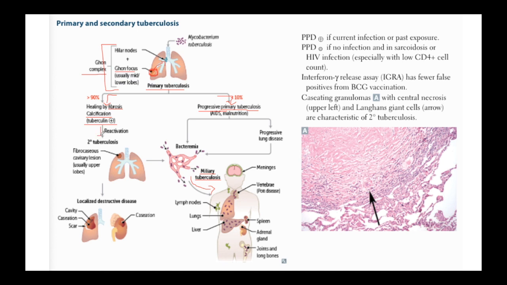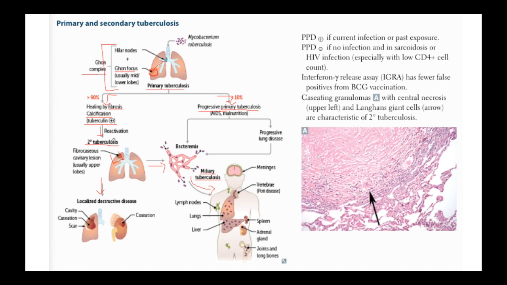It can reactivate after a number of years, causing your secondary tuberculosis. And this is where you'll see your cavitary lesion, which usually occurs in the upper lobes. And that can progress to further destruction and also cause dissemination into the rest of the body.